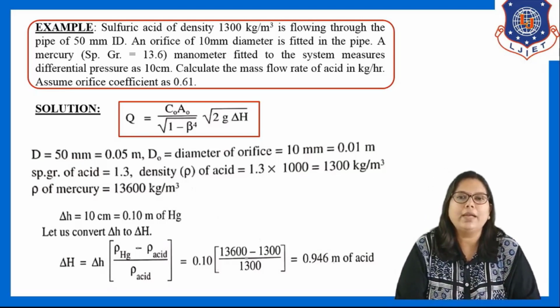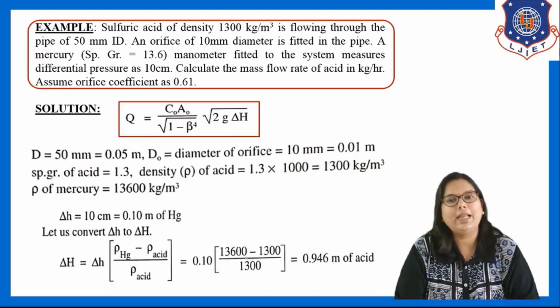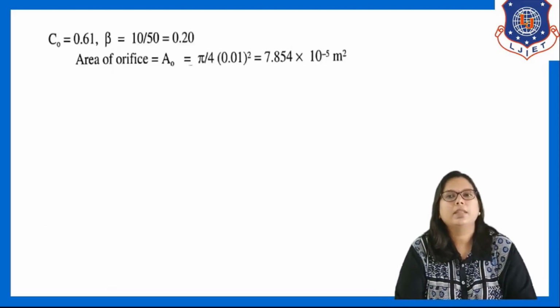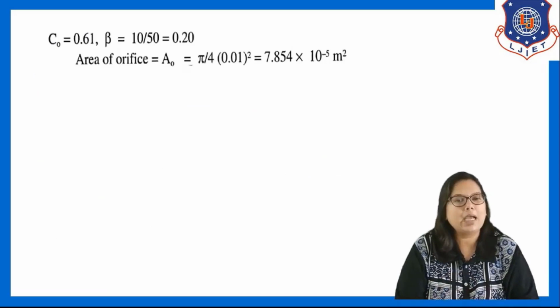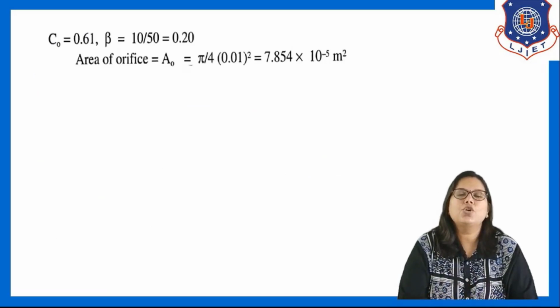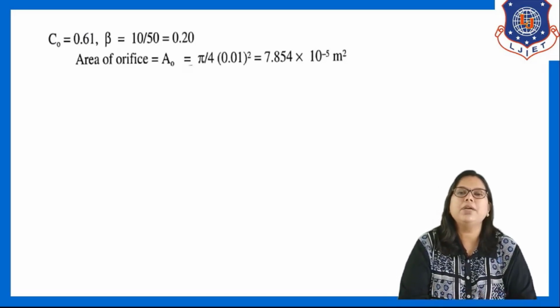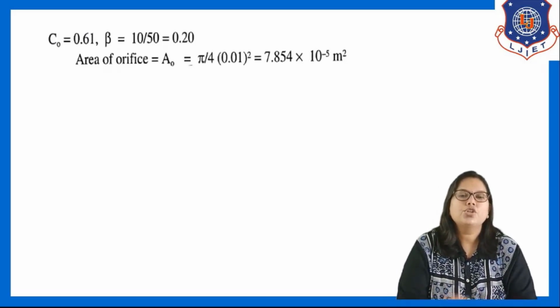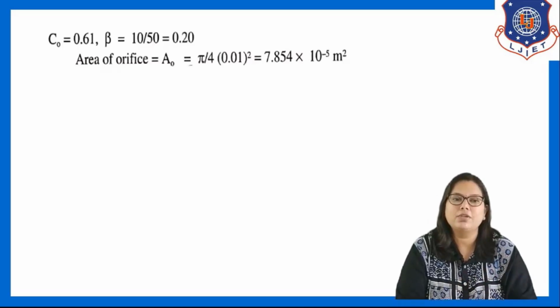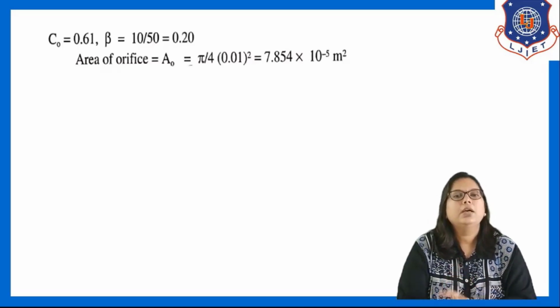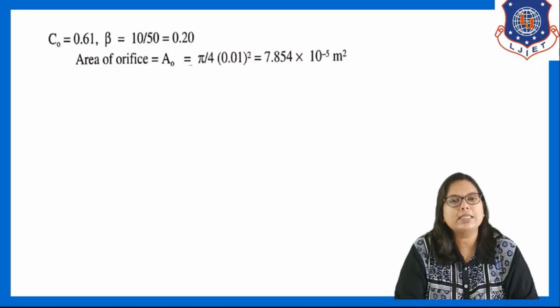Now let us calculate the area of orifice A0 and beta value. Beta is the diameter ratio, so diameter of orifice divided by diameter of pipe. So 10 by 50 equals 0.20. So now I have the value of beta equal to 0.20. Coefficient of orifice meter is given in the statement, which is 0.61.